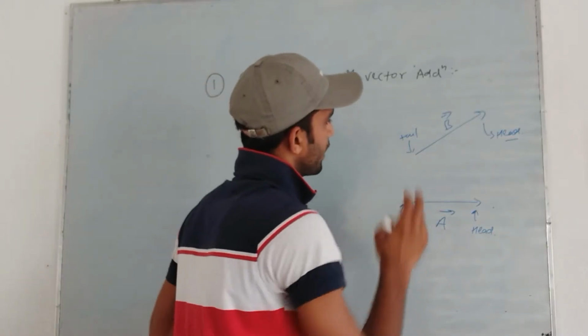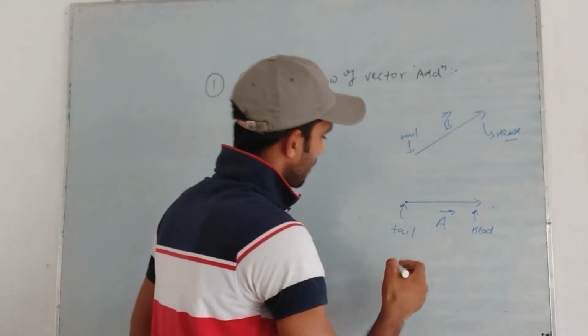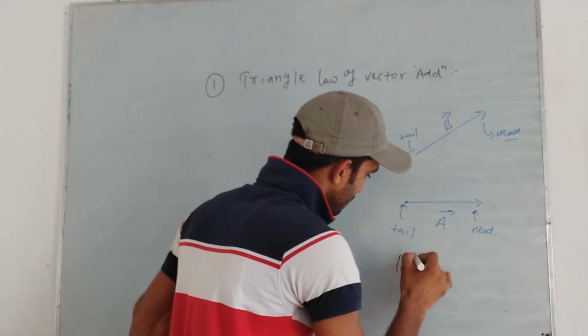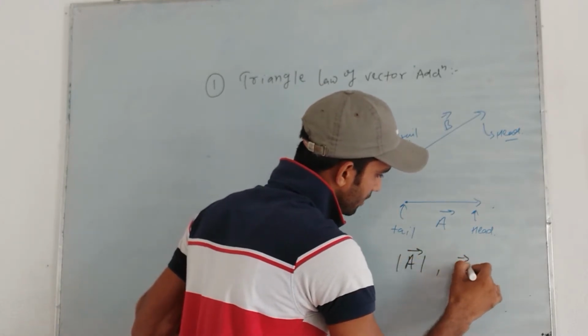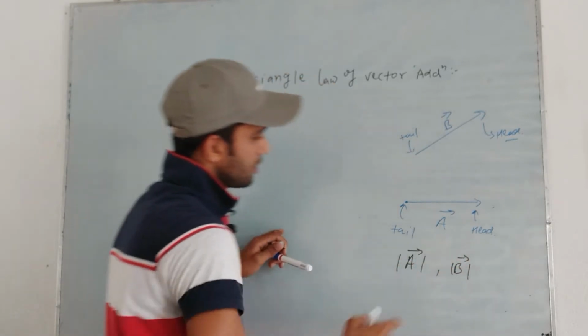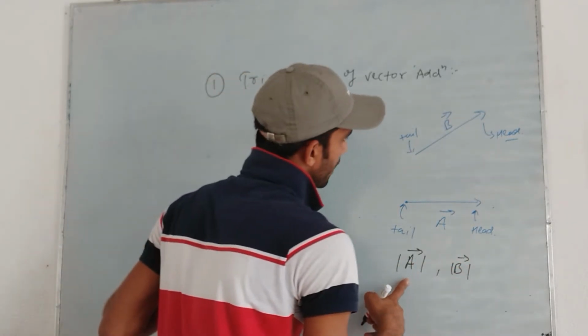The magnitude of vector A is written like this, and the magnitude of B is written like this. This is the modulus of B and this is the modulus of A, right?